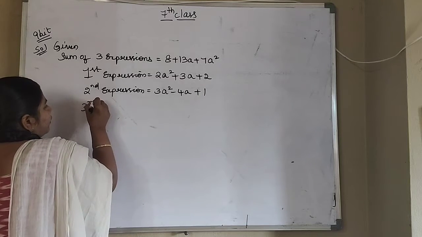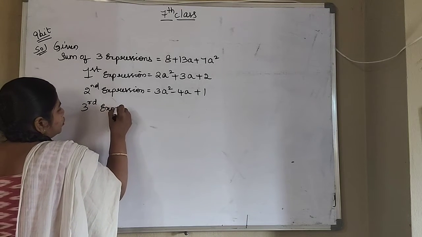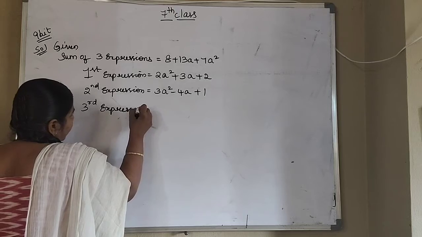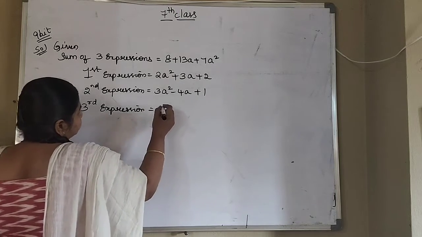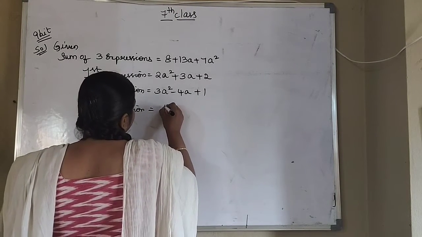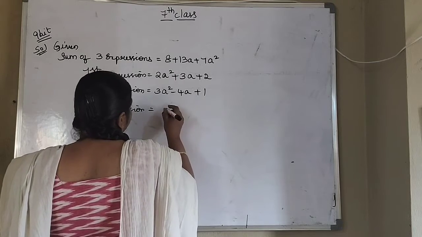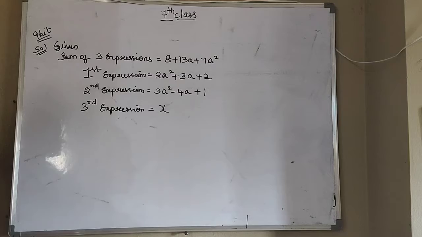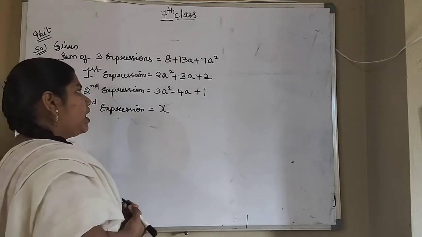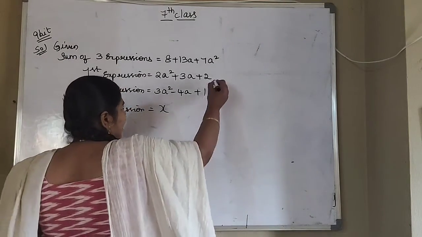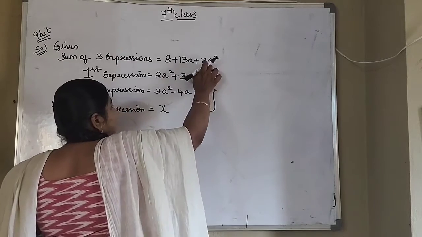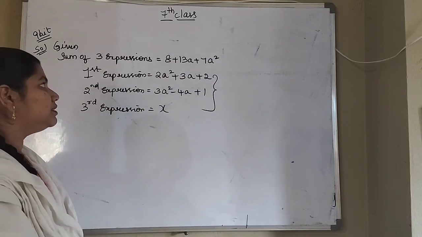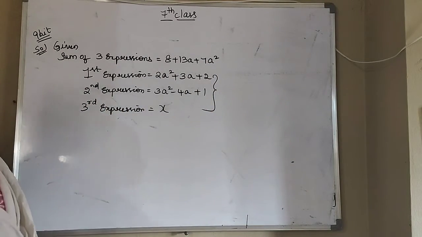So what we have to find? We have to find the third expression. That expression I am taking in the form of x. The x is an unknown expression which we have to find. If you add these 3 expressions, the result will be 8 plus 13a plus 7a square.